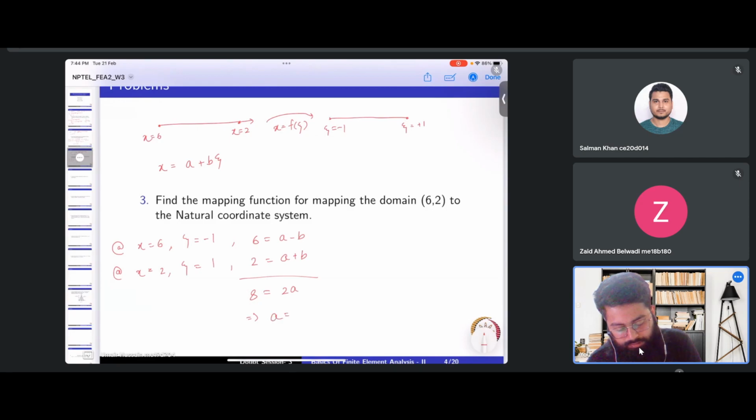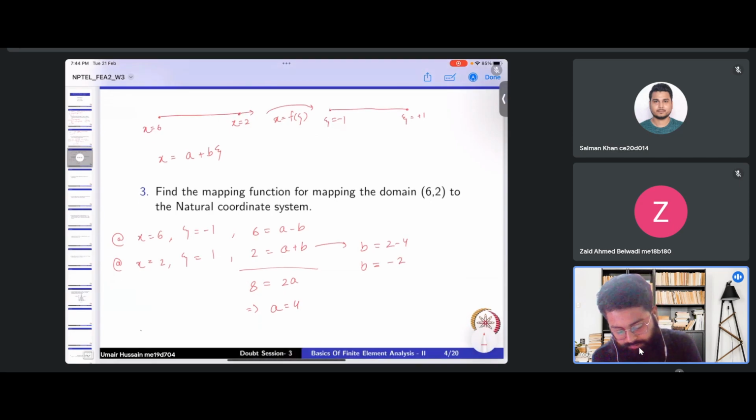Means a equals 8, sorry, 4. Again substitute the value of a here, b equals 2 minus 4, equals -2, right? So our mapping function becomes x equals 4 minus 2 zeta.